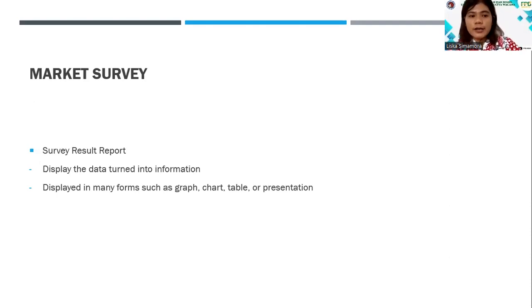Or we can also display them in report documentation, official report documentation that has a cover, content list, preface, background, result and discussion, conclusion, and reference. So we display that in our official or final report.